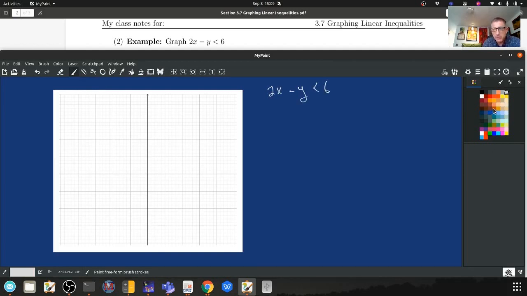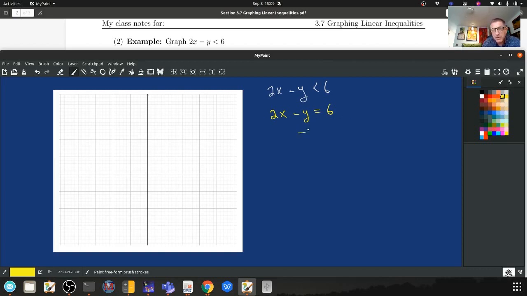So what we do in our next step is pretend that this is an actual equation rather than an inequality. This equation is the graph of a line, and you can graph it any way you want.